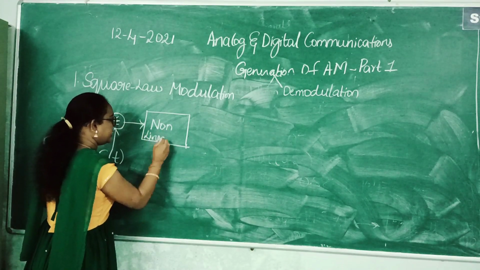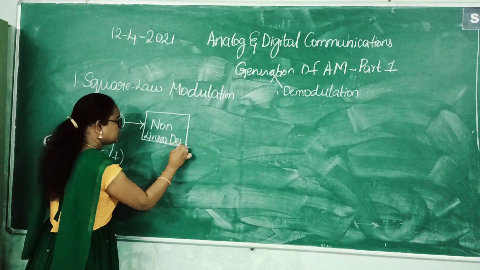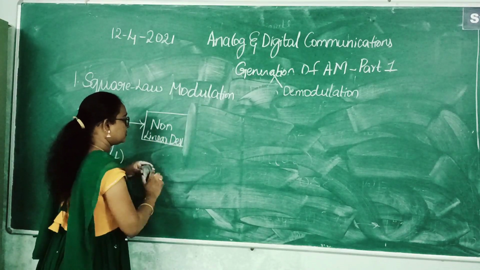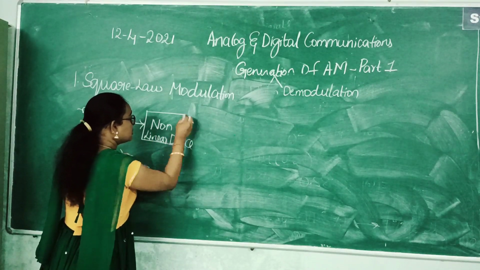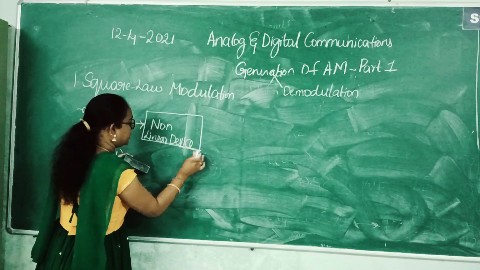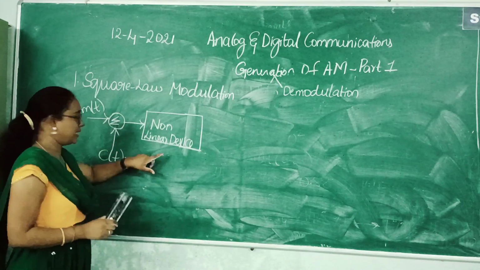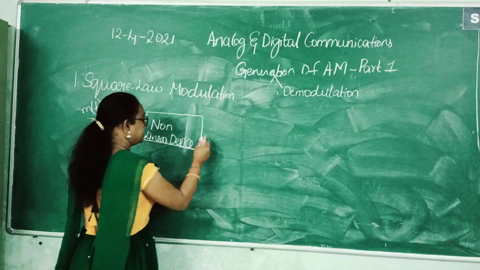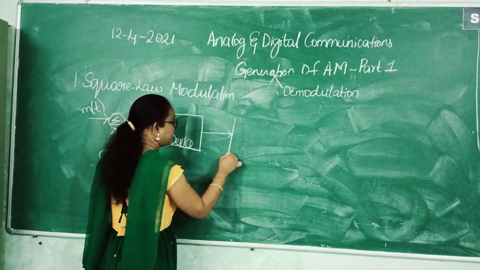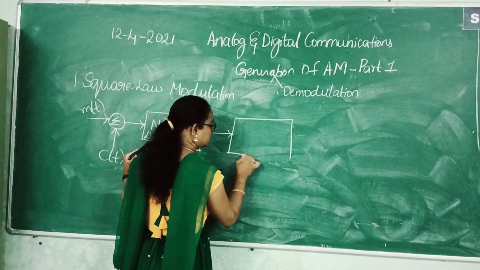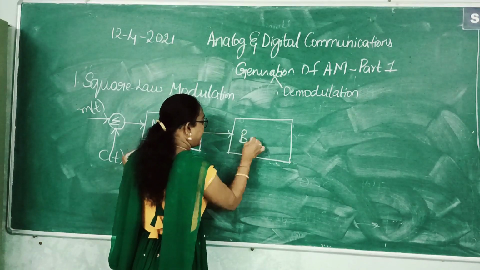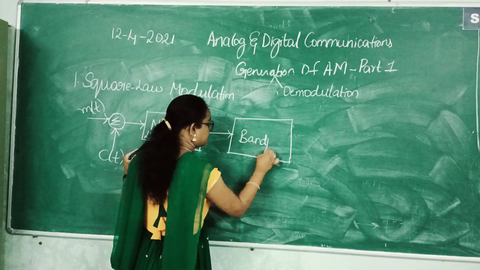This is a non-linear device, such that a diode can be taken at low voltage values. It acts as a non-linear device. Then we are giving that to the filter, a band pass filter.